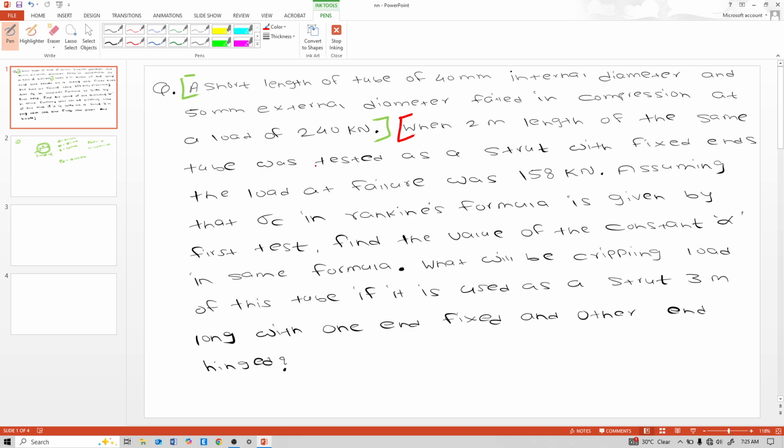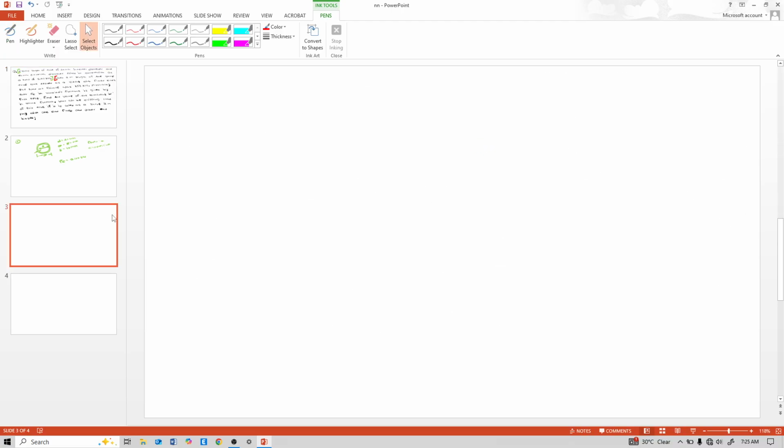When 2 meter length of the same tube was tested as a strut, same tube, that means that cross section is same, that is circular tube, internal dia 40 mm and external dia 50 mm. So when 2 meter length of the same tube was tested as a strut with fixed ends, the load at failure was 158 kN.